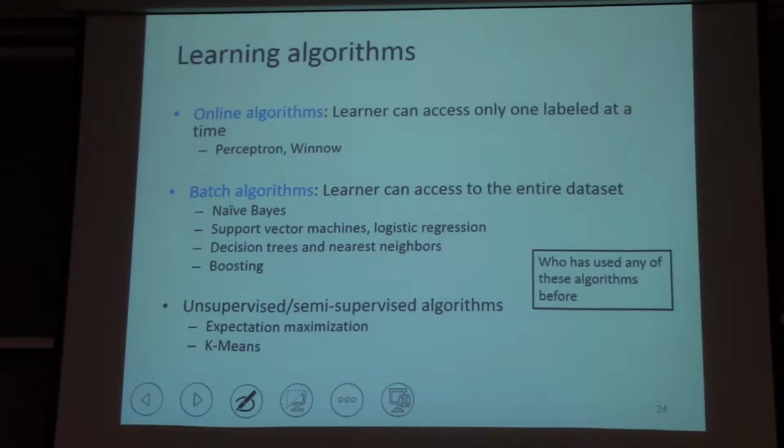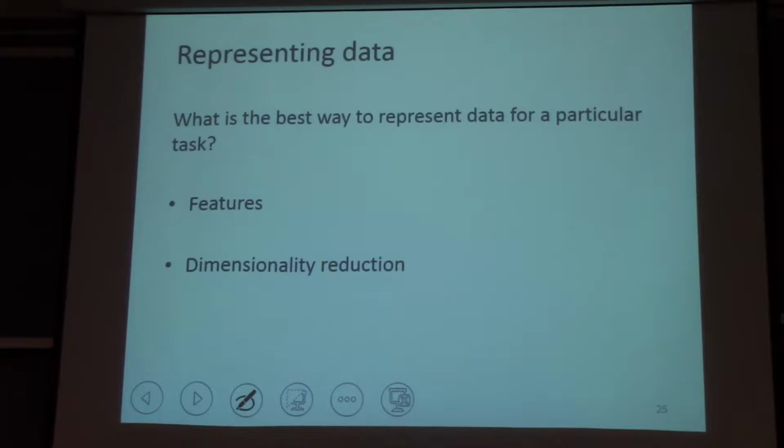One of the fundamental questions that shows up across all these things is where do these examples come from and how do you represent data? Throughout the semester I'll be talking about features. When I say features, what I mean are attributes of data. For example, features for the name could be its length, the characters in the name.